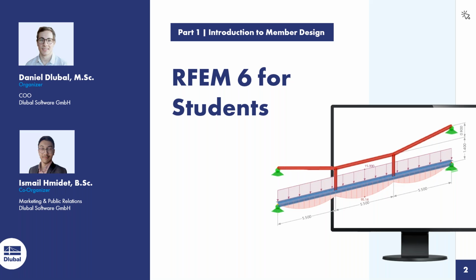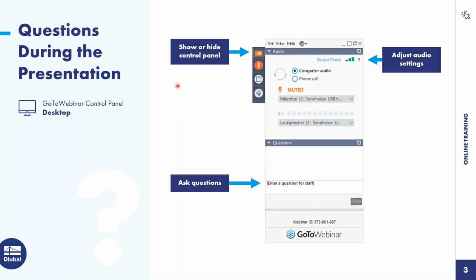So, the first part of this online training series, RFEM 6 for students. We have the part of the member design today. So we will give you an introduction to the member design and a few words on our platform, GoToWebinar. So you use, I guess, the web version. You see it here a little bit like that. You can show or hide your control panel. You can adjust your audio settings.